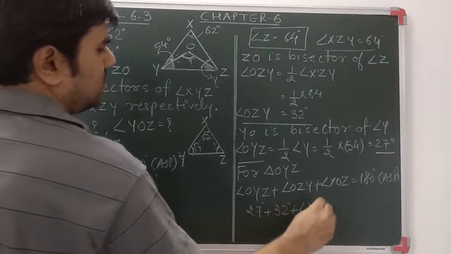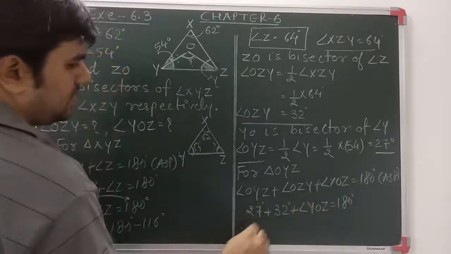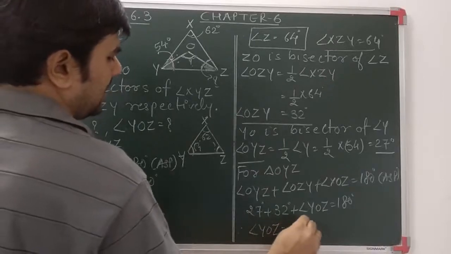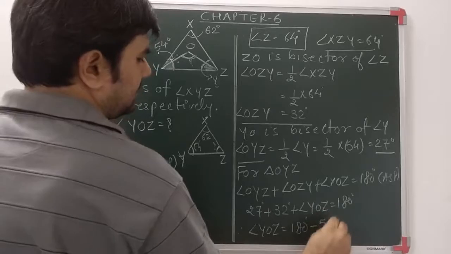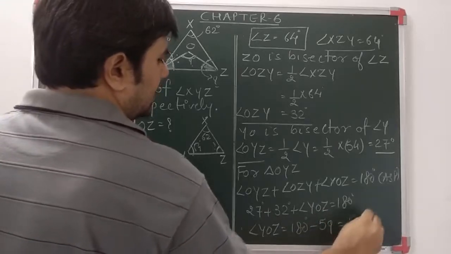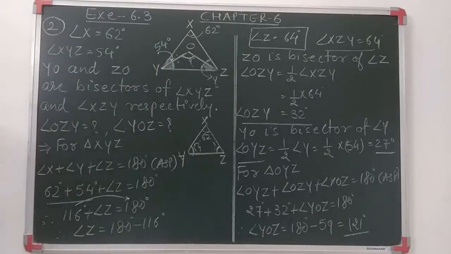Let's obtain YOZ by subtracting the sum of these two from 180. So angle YOZ is equal to 180 minus, I'll do the sum of these two, that is 59. So the answer we obtain is 121 degrees. So these are the two angle measures which we require.